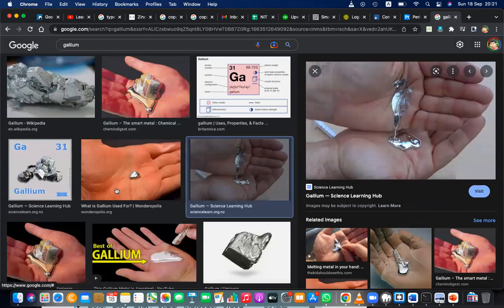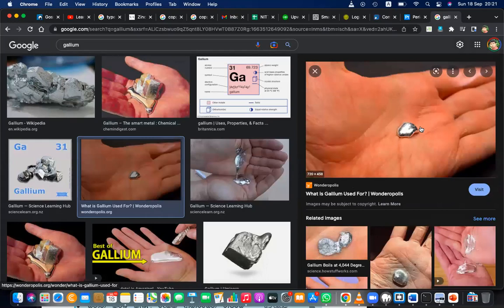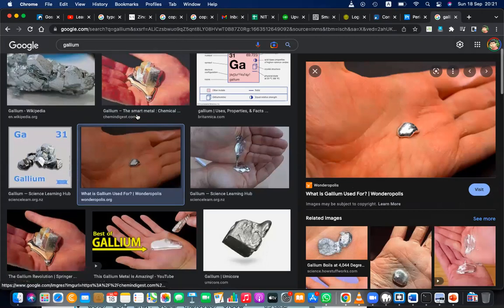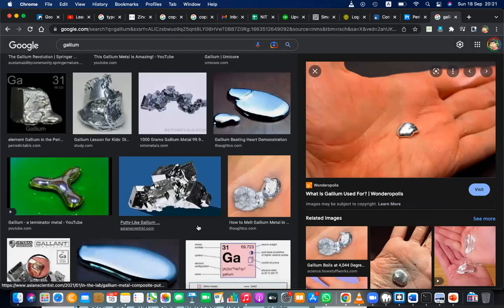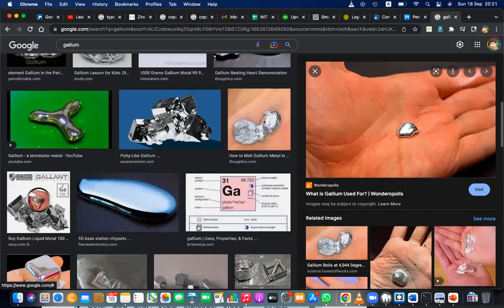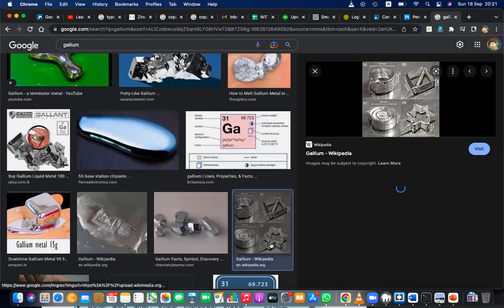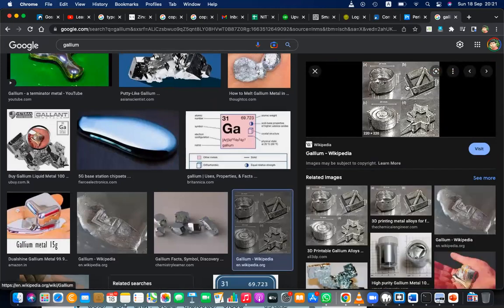Don't worry. When you keep it in your palm, it will become liquid. So basically this can be used as a metal to create different objects like coins and different shapes. You can create different metals using gallium.